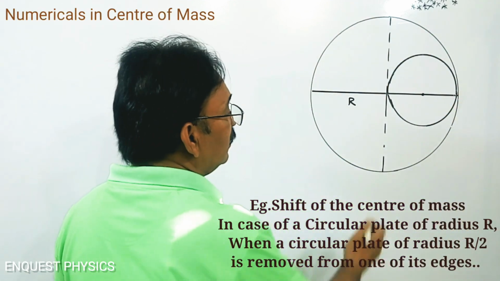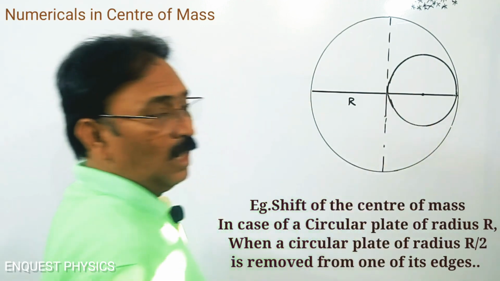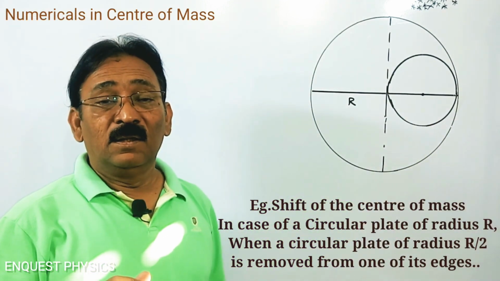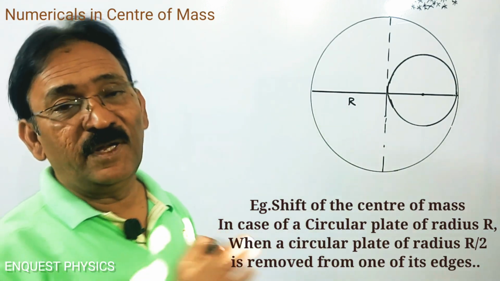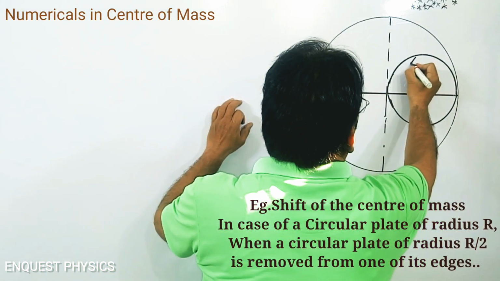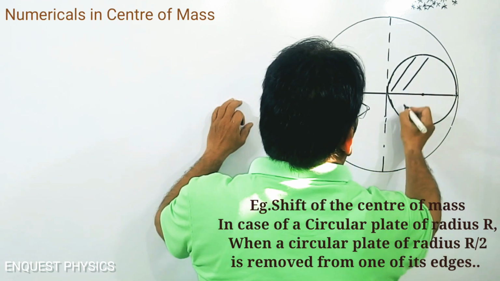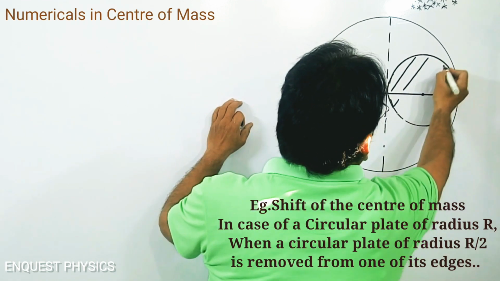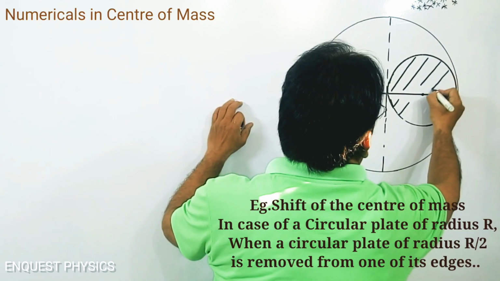He is asking us, what is the shift of the center of mass? And you learned that the center of mass always shifts towards the heavier part. If you remove this portion, this is the portion we are removing, students. It is the removed part.